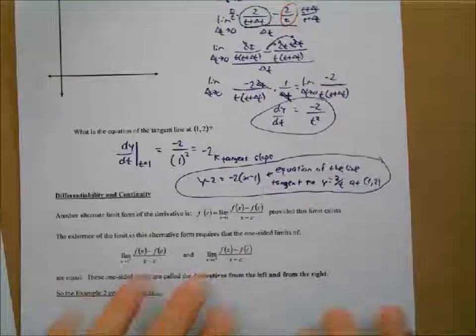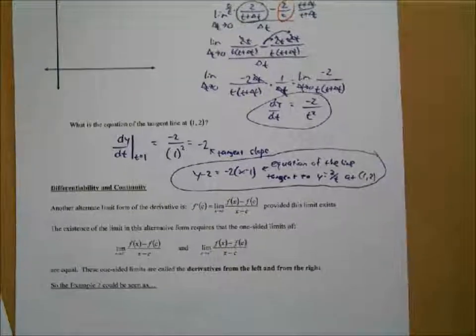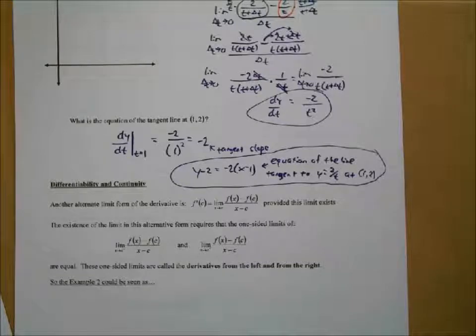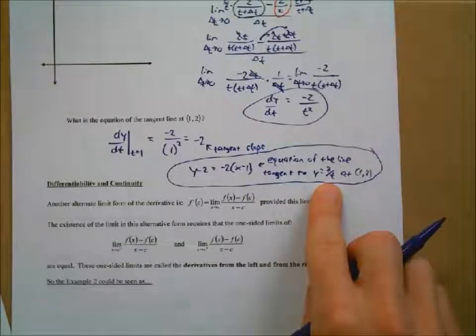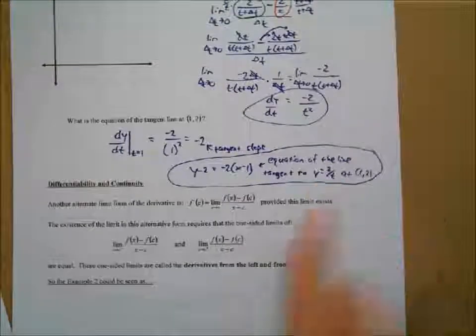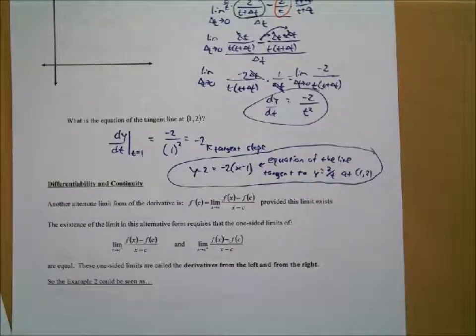Tangent to y equals 2 over t. The derivative is negative 2 over t squared, but we're tangent to the original function. So there it is. Whew.